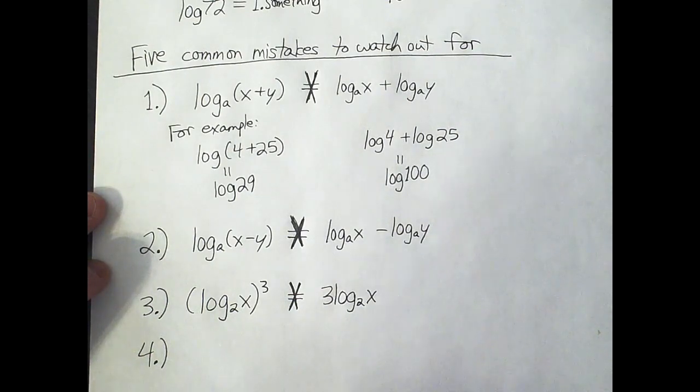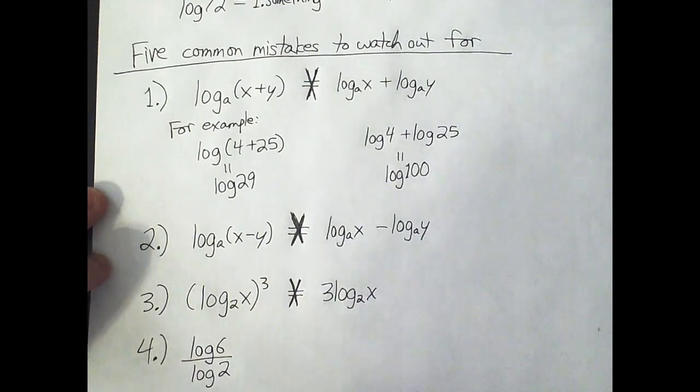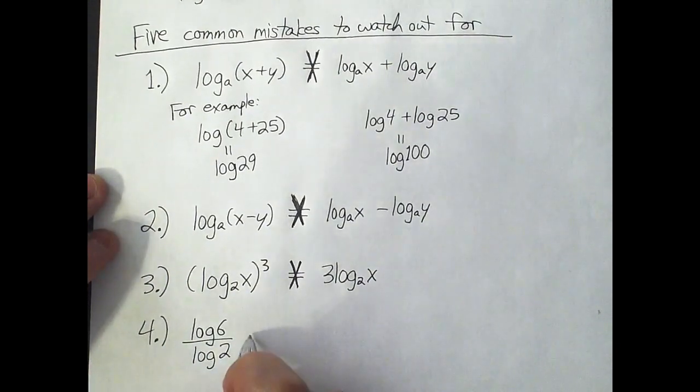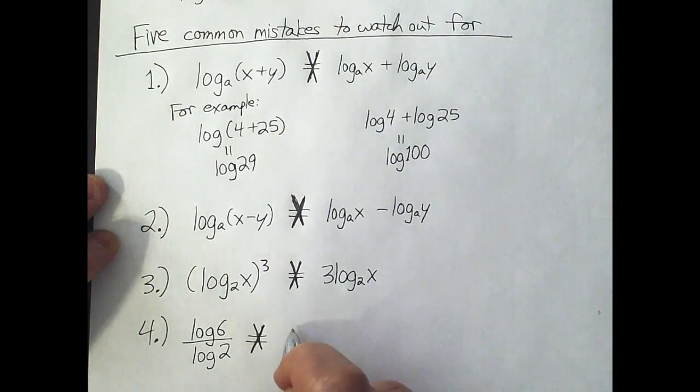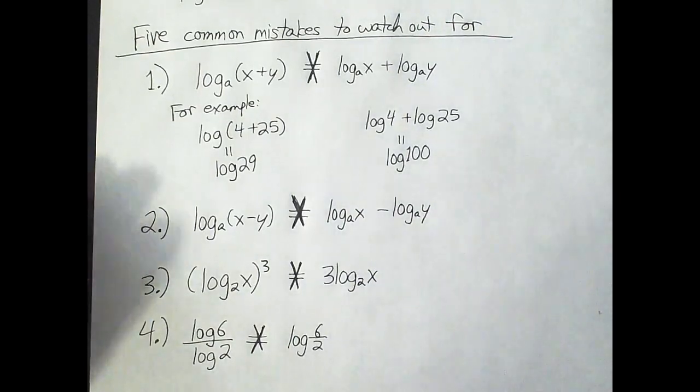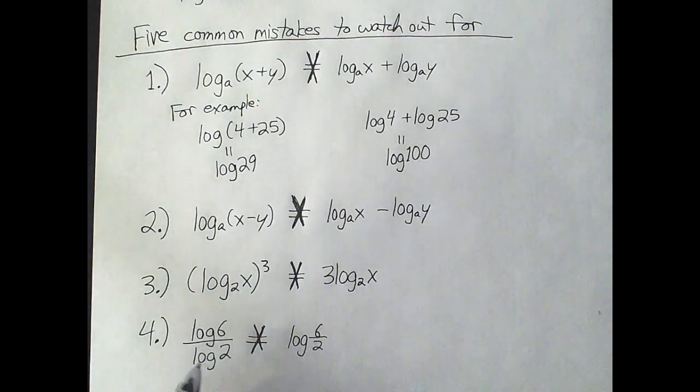Common mistake number 4 to watch out for is if you have something like log 6 over log 2, that is not the same as log of 6 over 2. You can't just say, oh, there's a log 6, log 2, just 6 over 2.